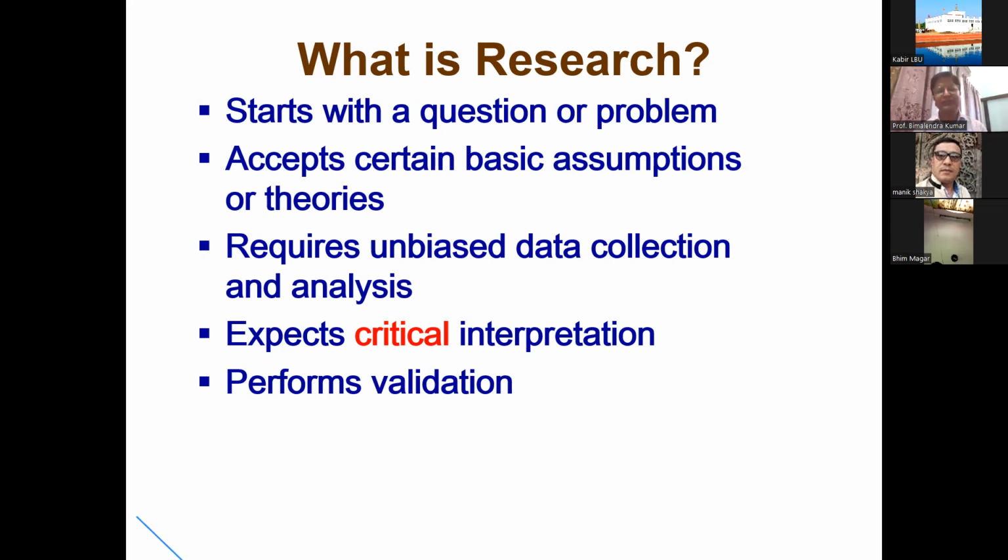We'll discuss the research methods in a very detailed manner in our next class. So we are first discussing what research is, and then we'll discuss the types of research which are especially undertaken in the discipline of Buddhist studies.